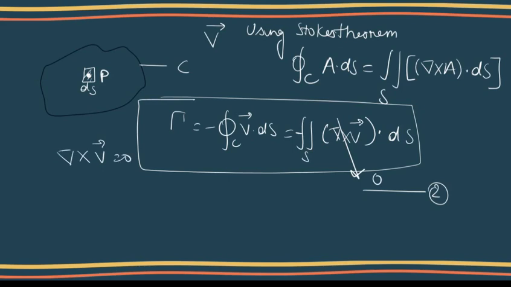This term becomes 0, and in turn, my circulation becomes 0. A few minutes ahead, as I had told, if circulation becomes 0, the flow would be considered irrotational, which means there is no circulation happening in the flow. No rotation is taking place. So, the flow is irrotational.